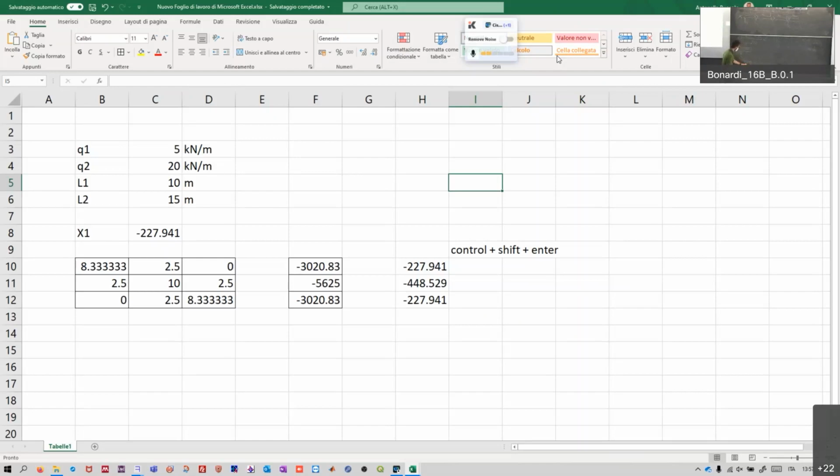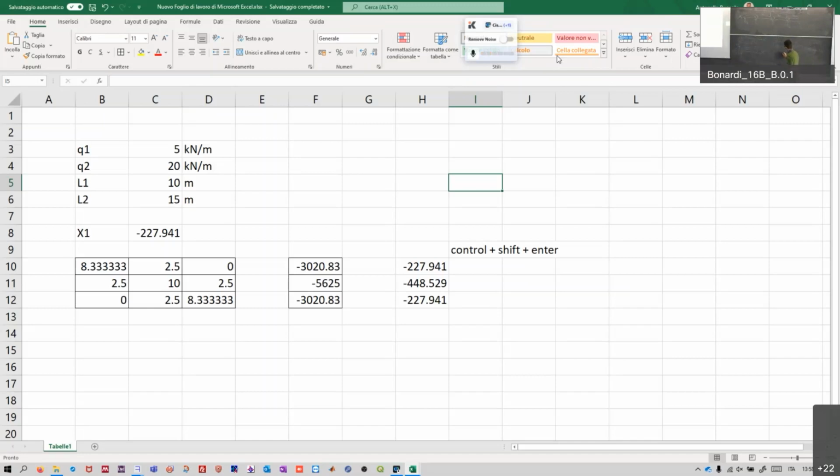We consider a generic X starting from the node C. We cut here. We have NCE at the generic axis X, the shear force, and the bending moment. The equations are always the same as before. We end up with NCE computed in X is equal to 0. So we have that this is always equal to 0.